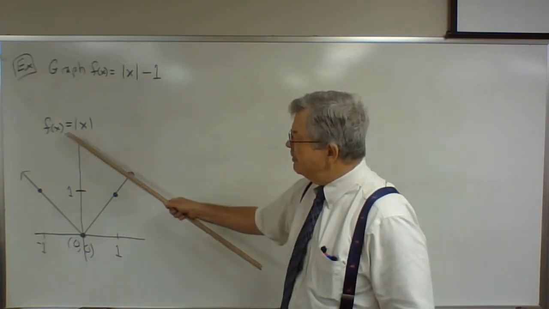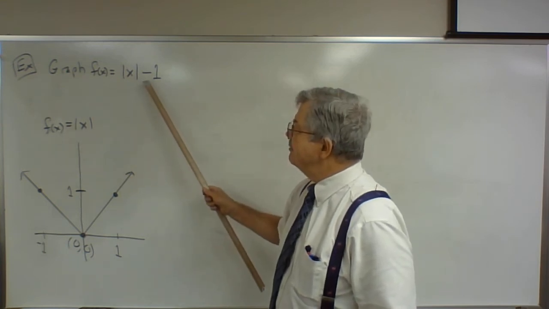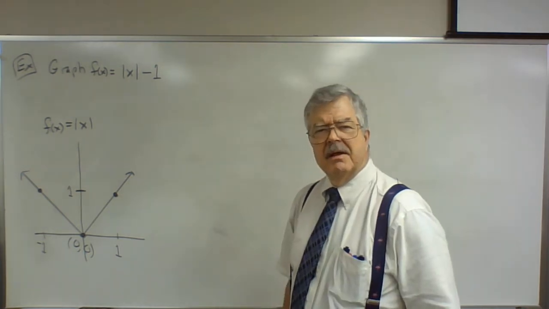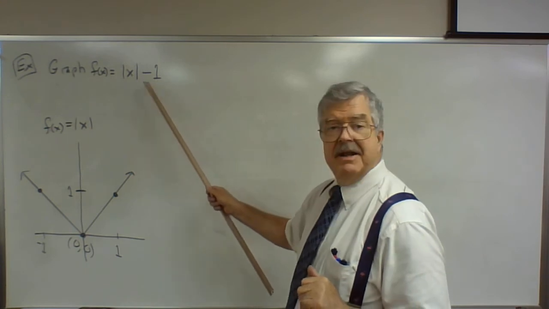And what happens when we take the graph of this function and subtract 1 from the y coordinate? If we're subtracting 1, isn't that the same as adding a -1?